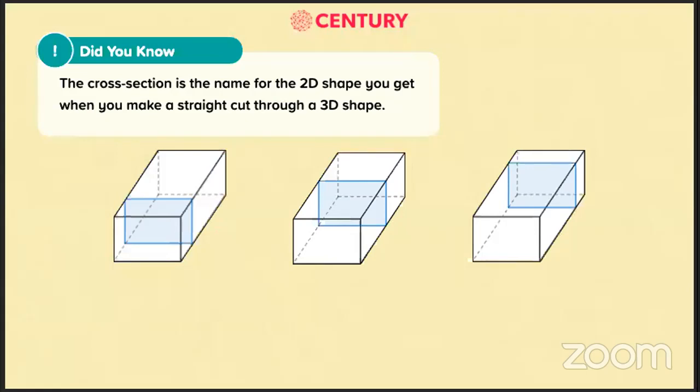So before we start doing any calculations, we do need to know some key words. The first word you need to know is cross-section. The cross-section is the name for the 2D shape you get when you make a straight cut through a 3D shape. If we look at this 3D shape here, this is called a cuboid.